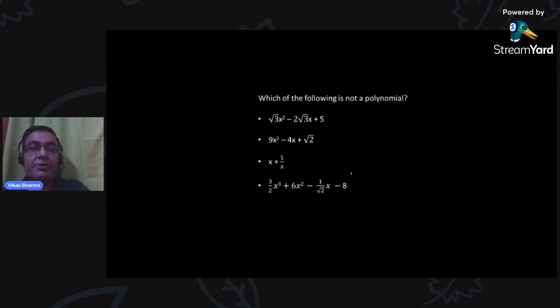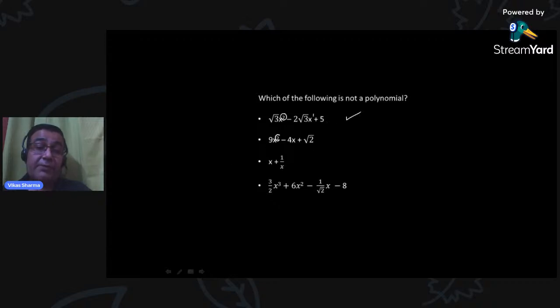Again, an MCQ type question. You have to choose which one of the following is not a polynomial. Four options are there, out of which only one is correct. Choose the correct answer. I am still waiting for who is going to give the correct answer first. And meanwhile, I'll tell you. Let us look at the degree. So we have got power of 2 here, power of 1 here. So this indeed is a polynomial.